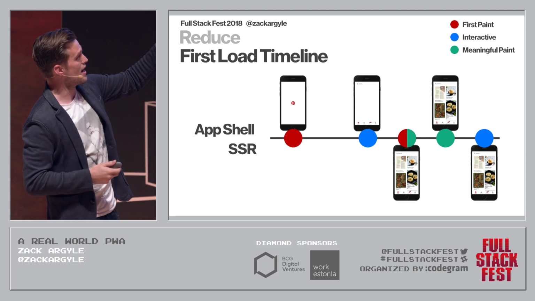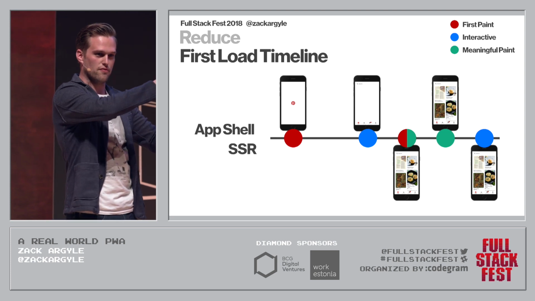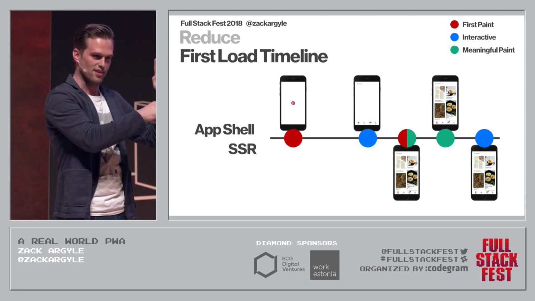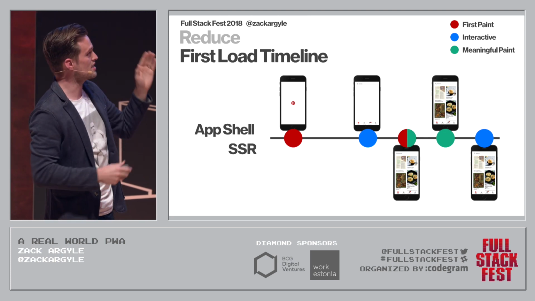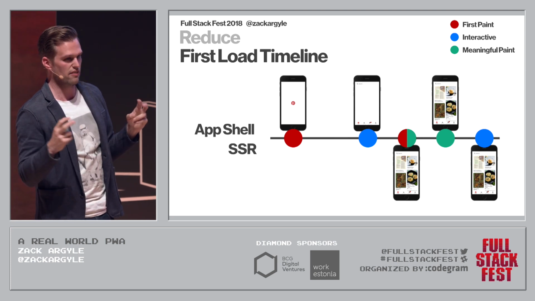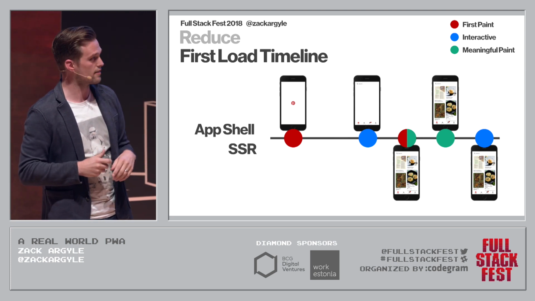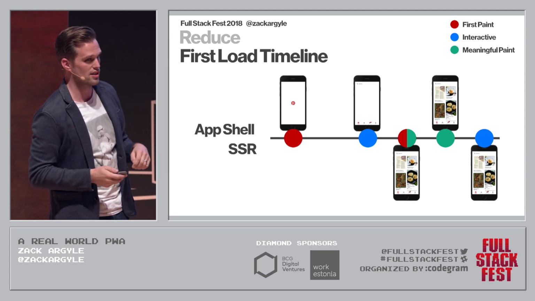And then we get to interactive really fast. But once you get to interactive, you have to wait for all that API data to come back. Now that all my JavaScript is loaded, I know what I need to go get. So there's this delay before you get the meaningful paint, where all of the stuff is populated. There's a bit of a trade-off here, but in general, app shells are a lot faster.